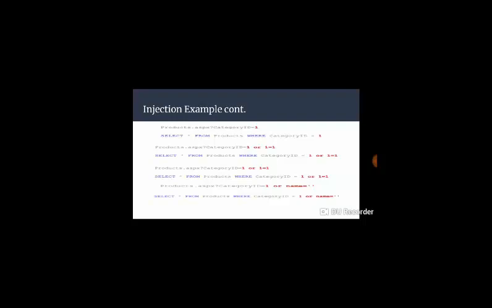You can see here some simple examples of injection. In products.asp, see in the third line, when categoryID equals 1 or 1=1, this will lead to disclosure of all the data in the database, because 1 always equals 1. So this condition will disclose information.